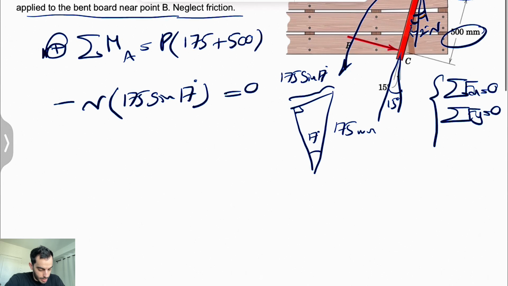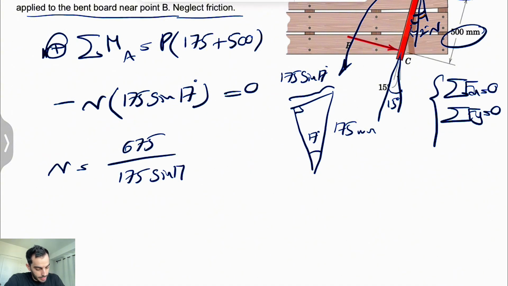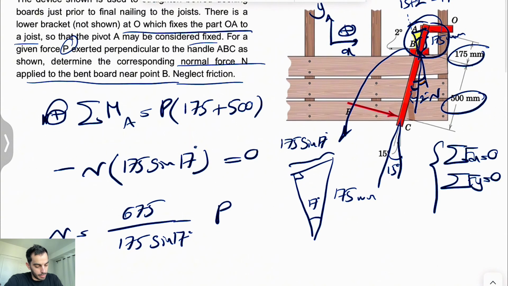So now we can find our N. It's basically 675 divided by 175 sine of 17 degrees, times P. I did not do any unit conversion because everything is based on millimeters. Converting these to meters just means dividing by 1,000, which doesn't make any difference in our equation.